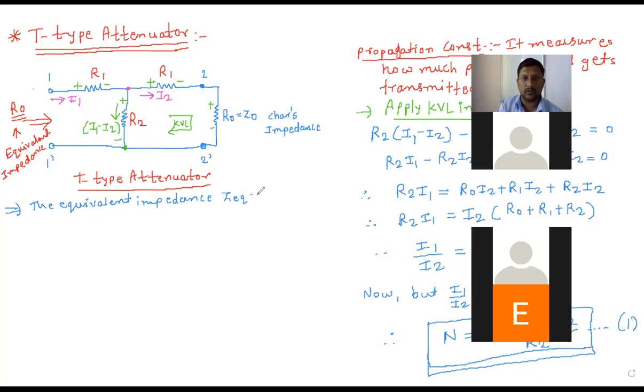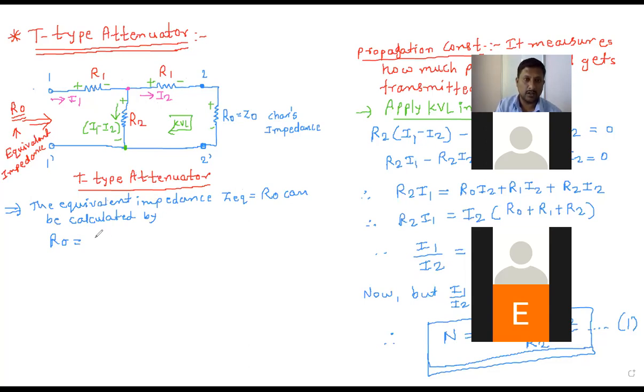Z equivalent, which is equal to R0, can be calculated by how the resistors are connected: R1 plus R0 that is in parallel with R2, that is in series with R1 like this.